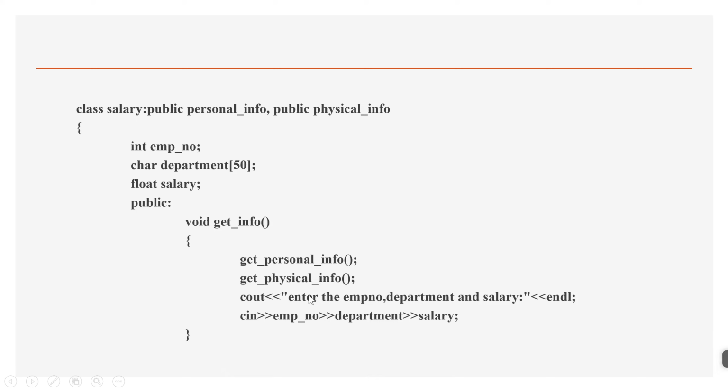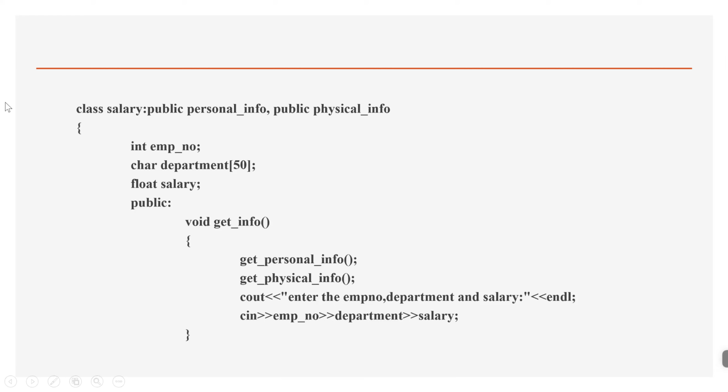Then enter the employee number, department, and salary. These are the information belonging to this particular class itself. These are the data members of the derived class itself. See, there is no rule which says that a derived class should not contain its own data elements. A derived class can contain its own data elements, but it is inheriting the properties of the base class also.